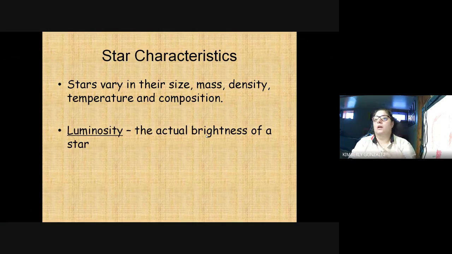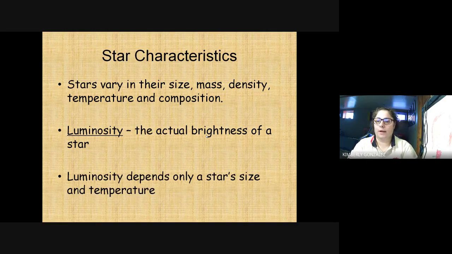It's also going to be luminosity, or different brightness of the star. Okay? This will depend upon the star's size and temperature.